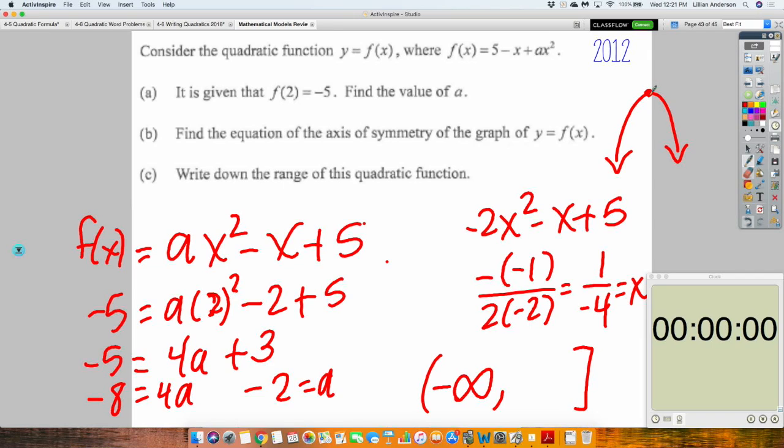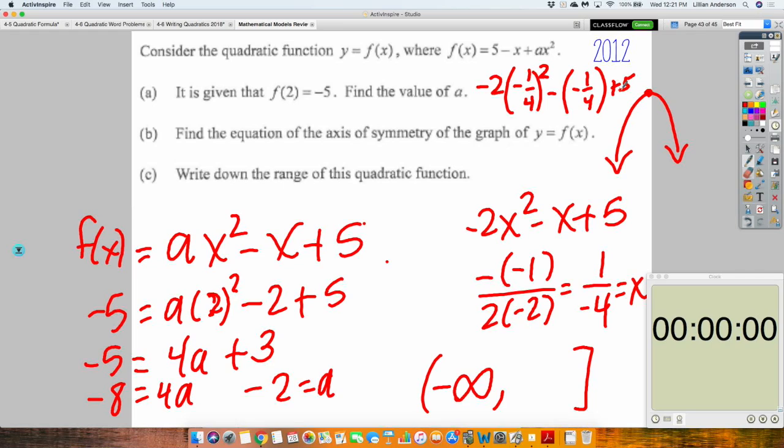Axis of symmetry, equation of the axis of symmetry, -b over 2a. So that's 1 over -4. X equals, because it's an equation. And then you have to write down the range. Now, real quick, does this open up or down?